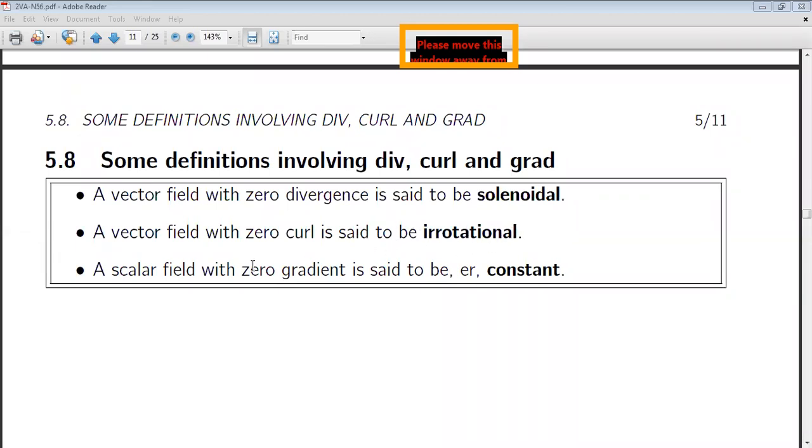And if the gradient of the scalar point function is 0, then the scalar is said to be a constant. So these three conditions you have to remember. It's very important. Okay. Lots of problems will come from here.